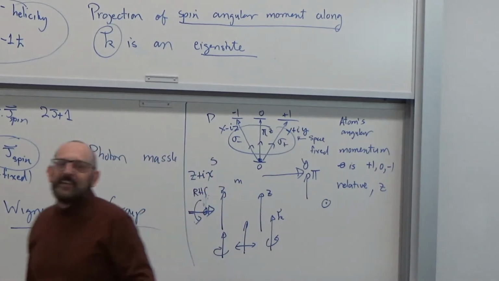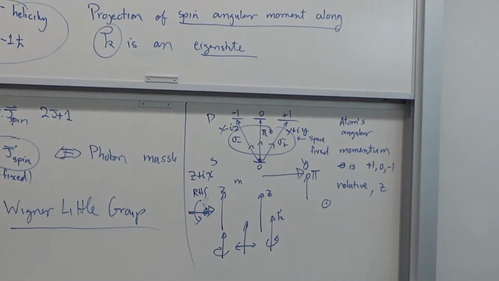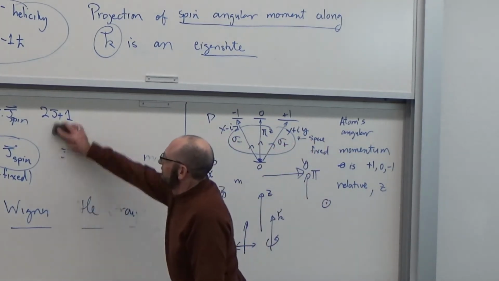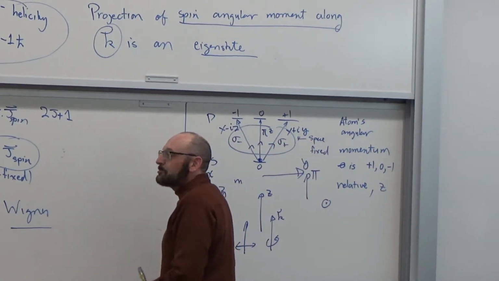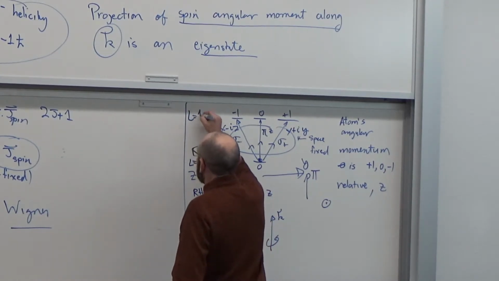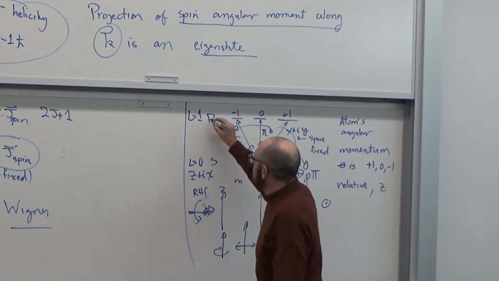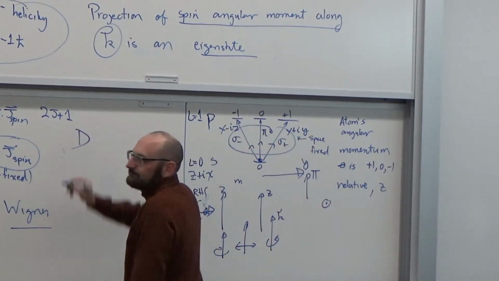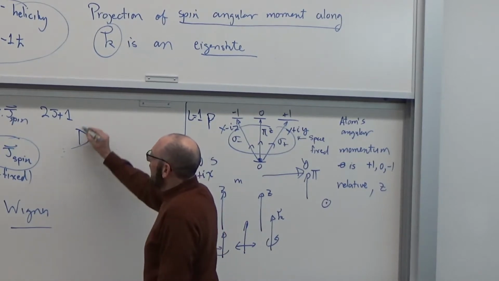Now, one last thing, because we're on a roll here. What if I had not a p state? Remember, S states are L equals 0, p states are L equals 1. That's a p. What if I had a d state? That's an L equals 2.